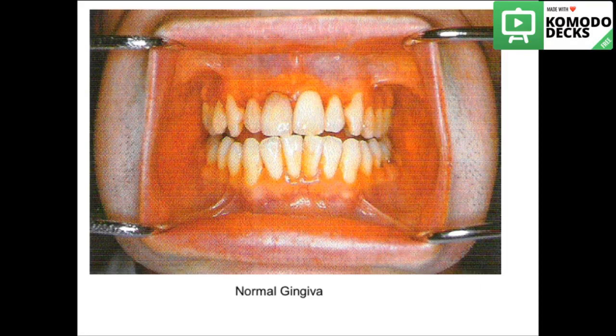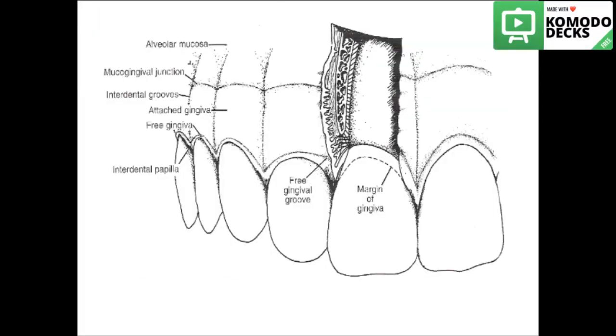A normal gingiva looks light pink in color and has some stippling. Macroscopically, there's the free gingiva or the marginal gingiva, there's the attached gingiva, and between both is the free gingival groove.